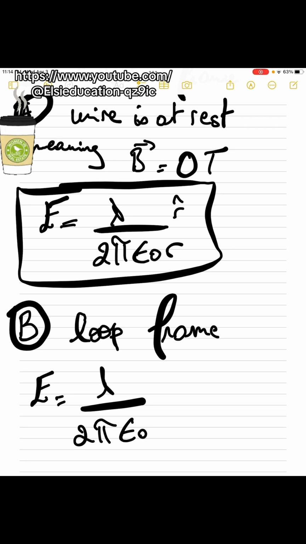Okay, so we know that there is an electric field, and that's exactly the linear density divided by 2 pi constant multiplied by the distance divided by the radius.